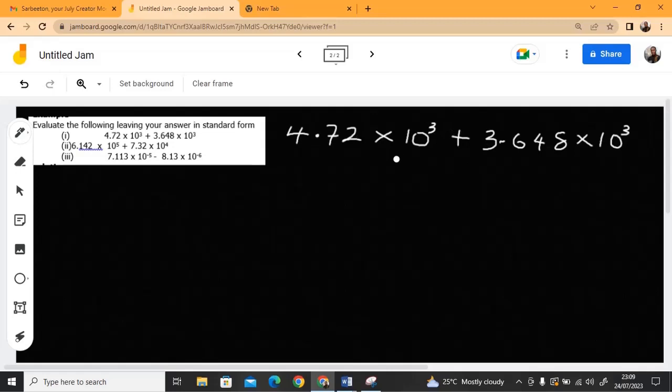Now, they are in standard form like this. It's very easy. Because both of them have base 10 raised to the power 3, you can just pick one of them. So you now add this and this together.